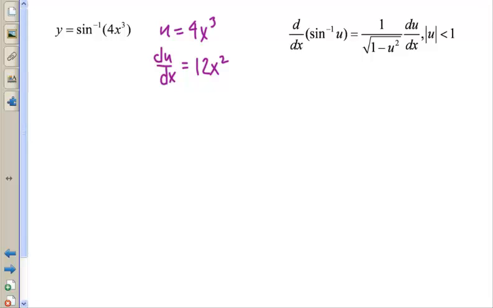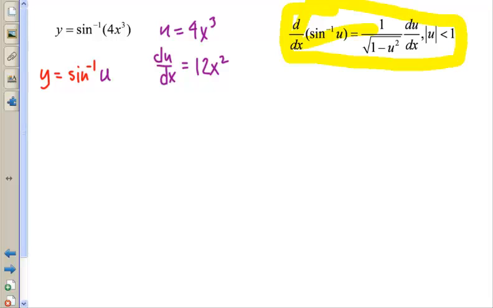And if I know what my u is, then I can use my formula. And if I can use my formula, life gets a whole lot easier.